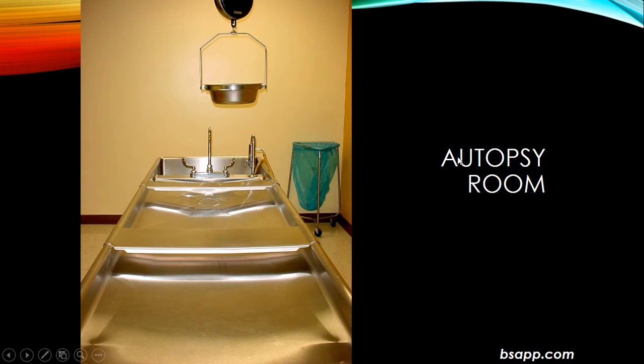All right, so this is the autopsy room. You would have the body on a table similar to this, where the body would be elevated and there would be a slope to this bottom that would allow it to drain.